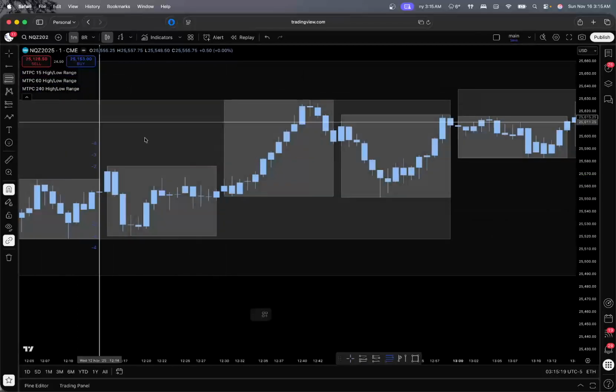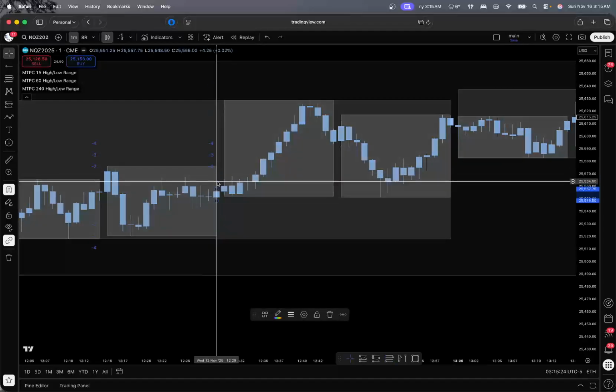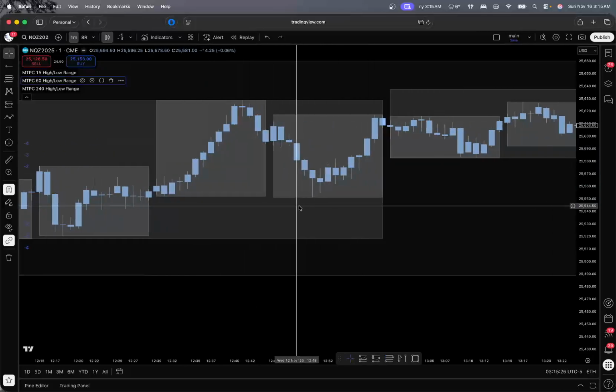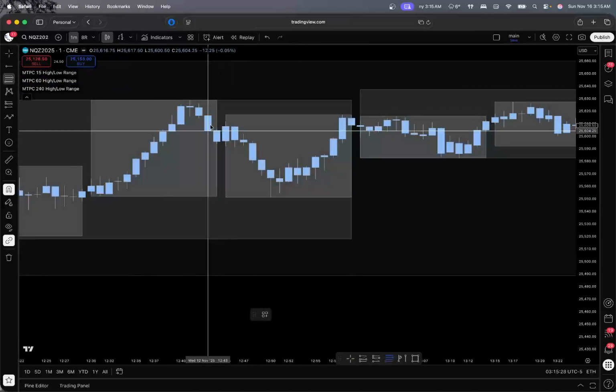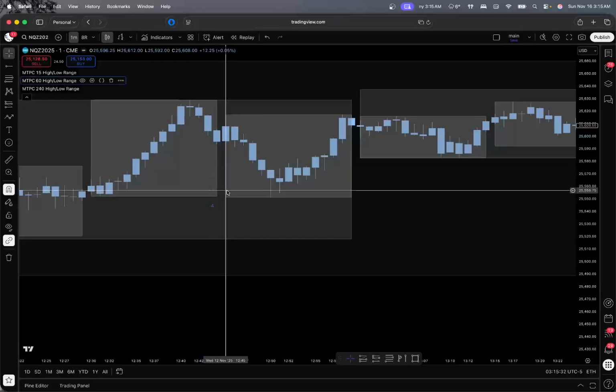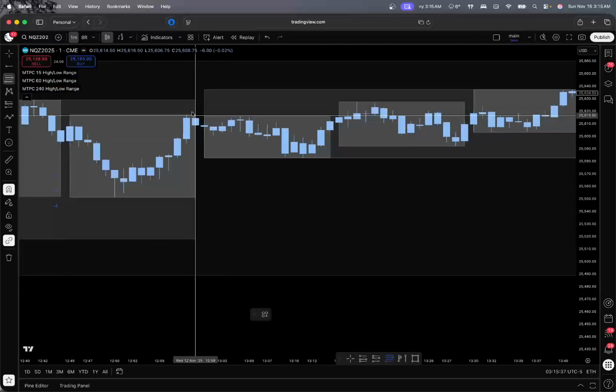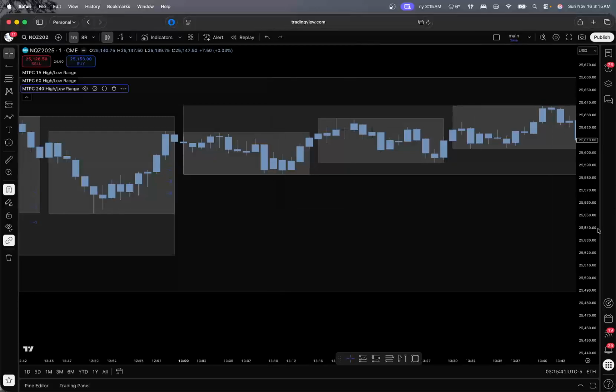Issues, wrong candle. Yeah, no, it doesn't hit. Okay, that's fine. I don't care. Why don't I care? Bottom tick. It's cool. Bottom tick. Bottom tick.